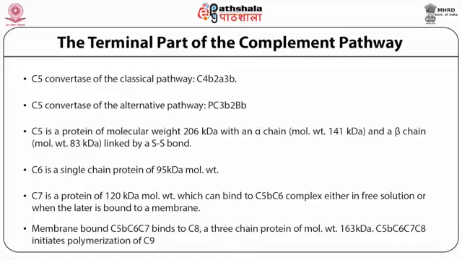Membrane bound C5b C6 C7 binds to C8. C8 is a 3-chain protein of molecular weight 163 kilodalton. Formation of C5b C6 C7 C8 initiates polymerization of C9.